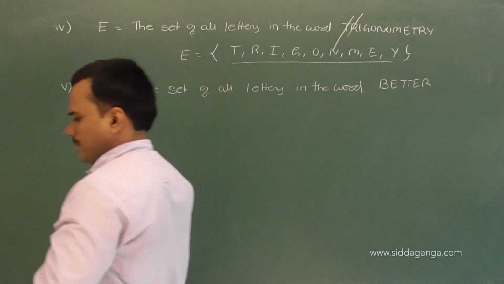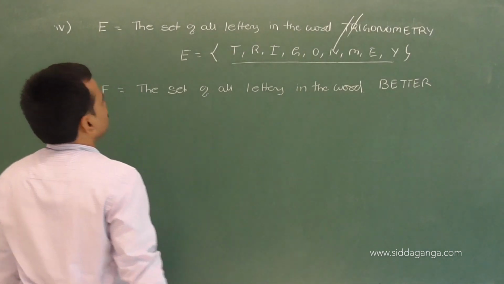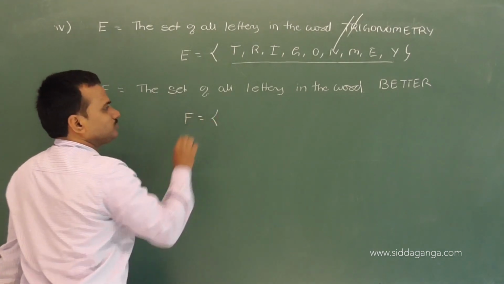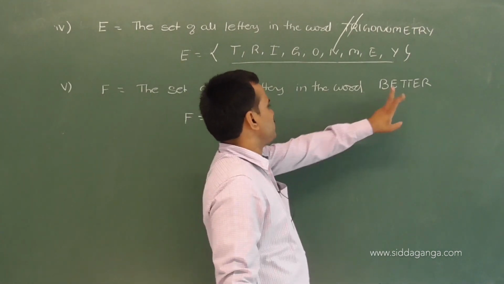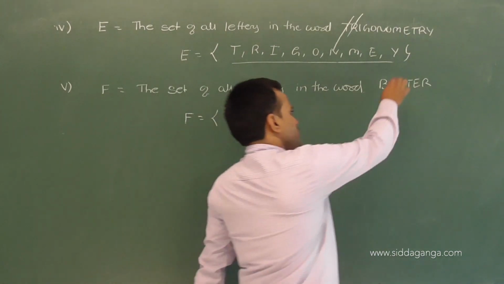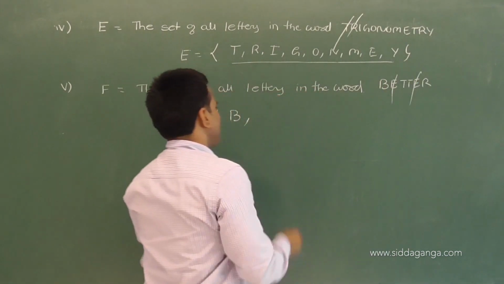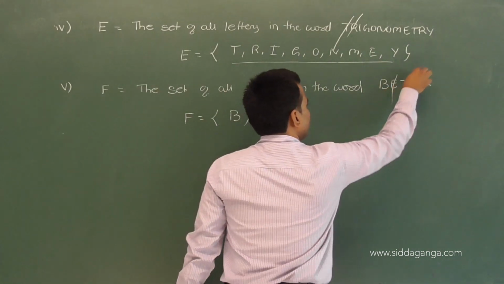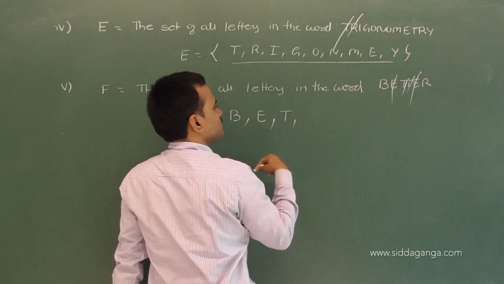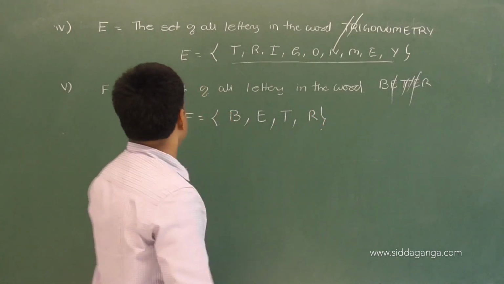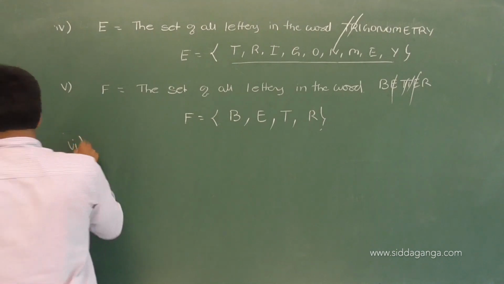Observe here, F is equal to B a single time, comma. E is repeated 2 times, but we write only 1 time. T is repeated 2 times, but we write only 1 time. What is left? R. Correct? One more question. Sixth question.